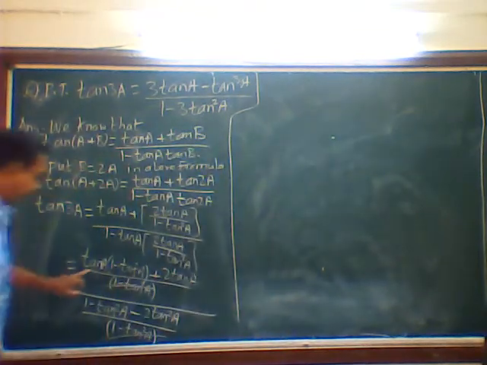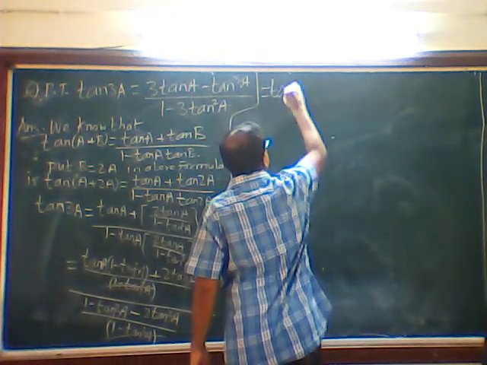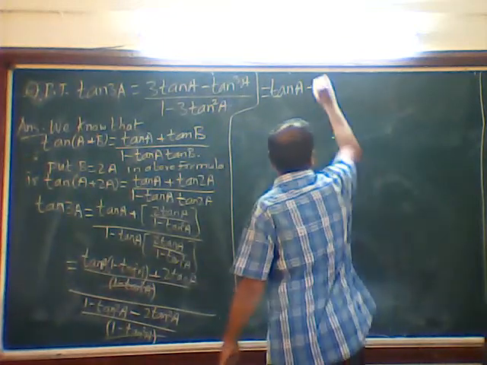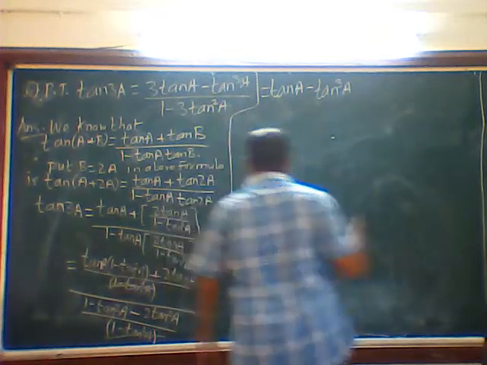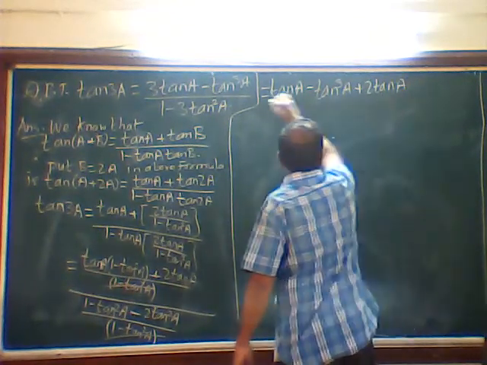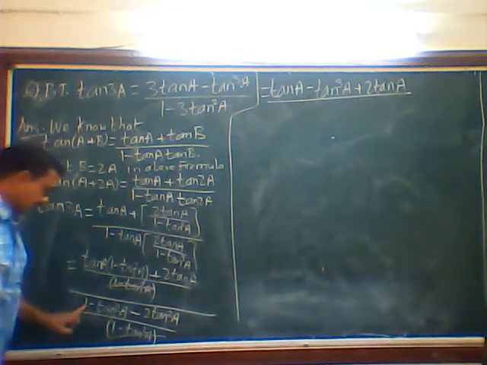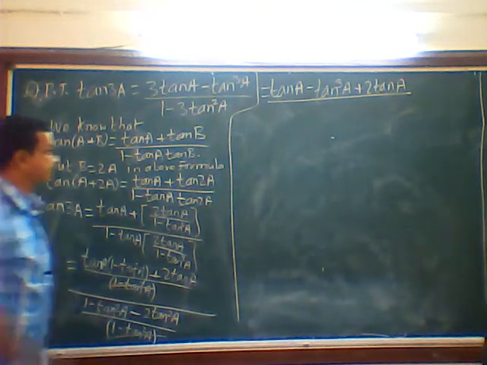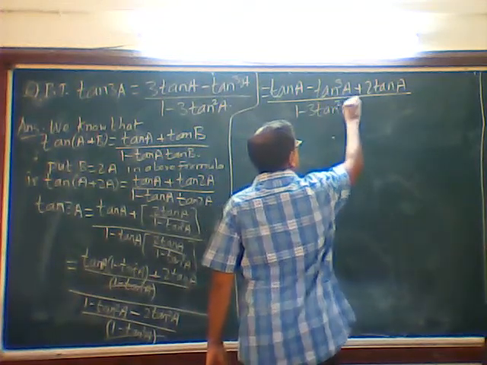So I am left with what now? Here, tan a into 1 is tan a, minus tan a into tan square is tan cube a. Okay, plus 2 tan a. Whole thing divided by, now here, 1 minus tan square a minus 2 tan square a will become 1 minus 3 tan square a.